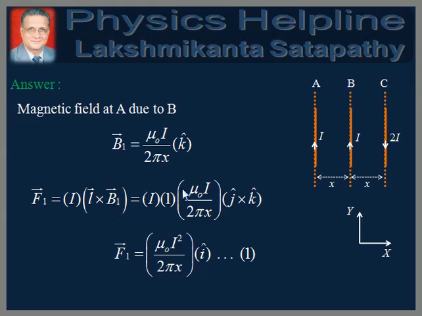Unit vector along L is nothing but the current direction, which is upward, j cap, and unit vector of B1 is k cap. Therefore, j cap cross k cap gives us i cap. Therefore, we get vector F1 is equal to mu 0 I square by 2 pi x into i cap.